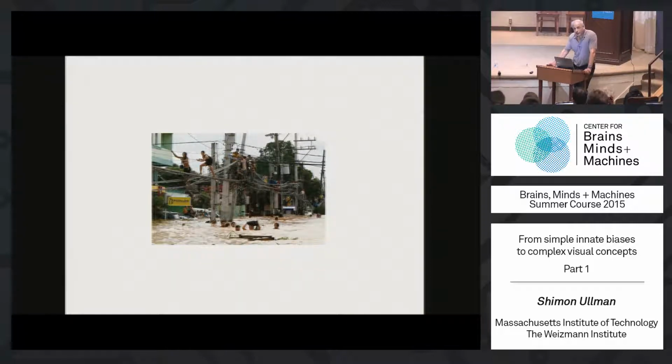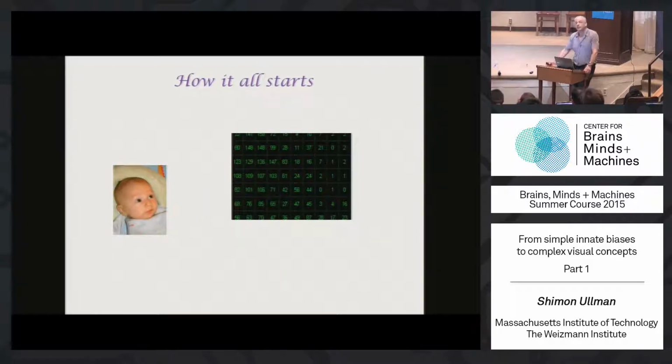What I'm going to discuss in the first part is how it all starts. This combines vision with another topic which is very important in cognition, part of CBMM as well, which is infant learning and how it all starts.